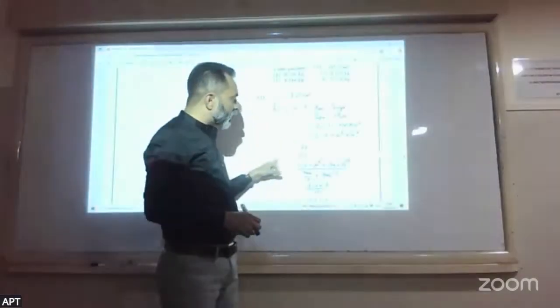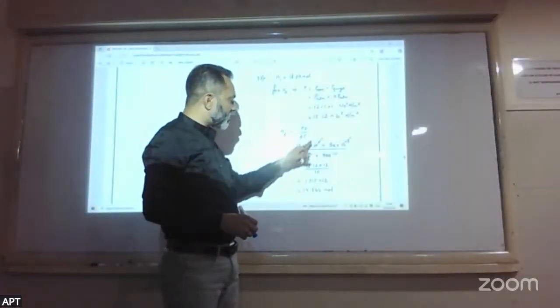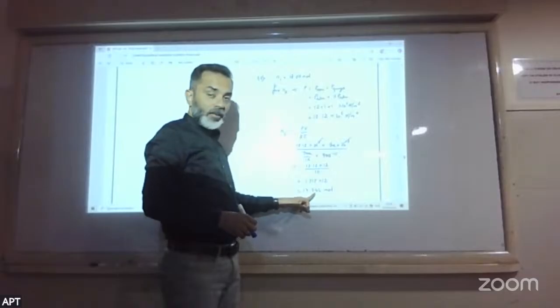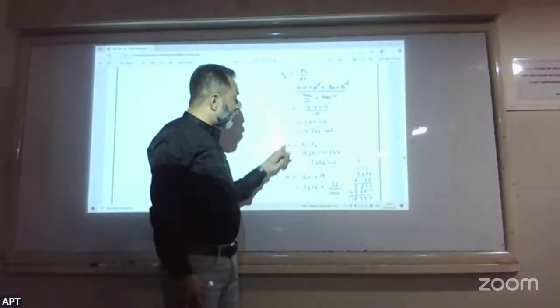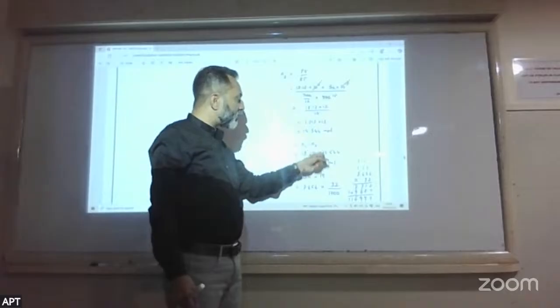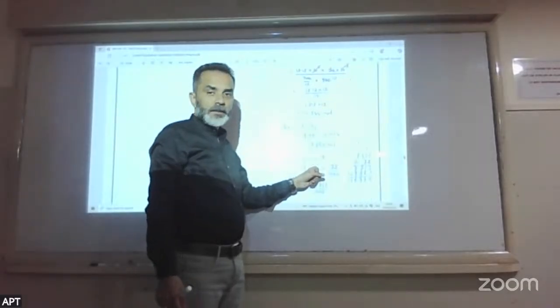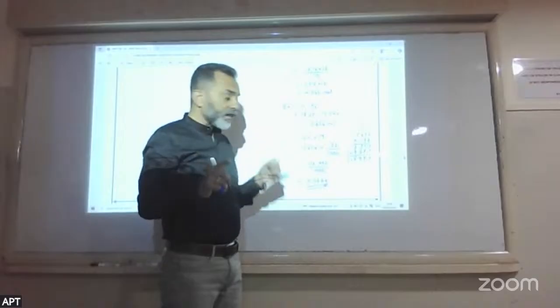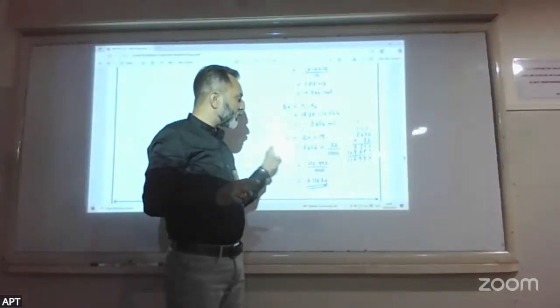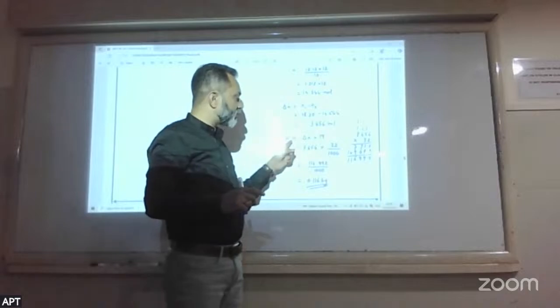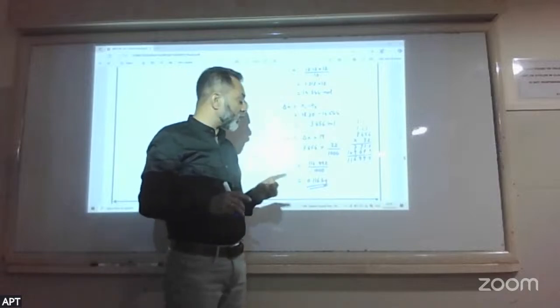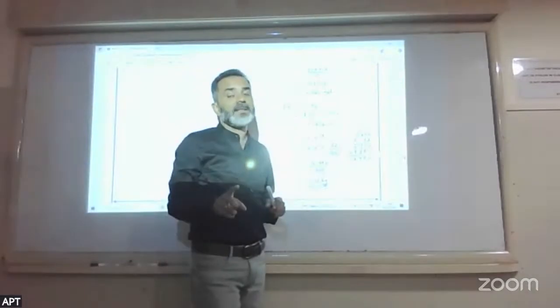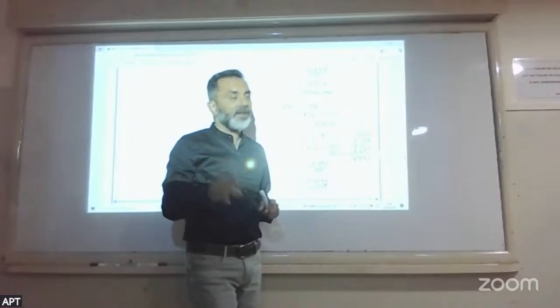Final number of moles I can calculate by using PV by RT, that comes out to be around 14 point this, and difference of number of moles if I find N1 minus N2, that comes out to be around 3.6. Guys, I got number of moles difference, that multiplied by molar mass will give me the corresponding mass which has been removed, that comes out to be 0.116. It is lengthy and not that easy as well. Next question.